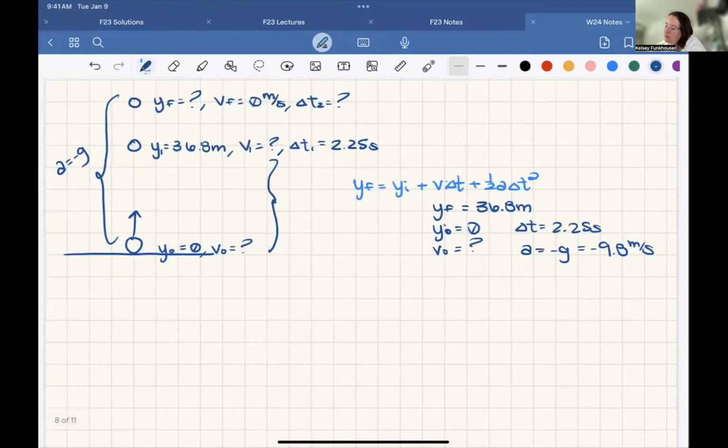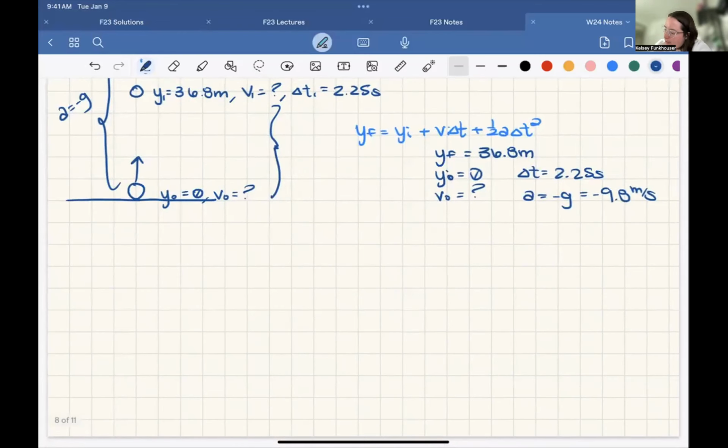Okay, so now we can plug things into that equation. Oh wait, before that, we should probably solve for the thing we want. It's a little easier to do it variable-wise. So y final equals y initial plus v initial delta t plus 1/2 a delta t squared. We want to get v initial by itself.